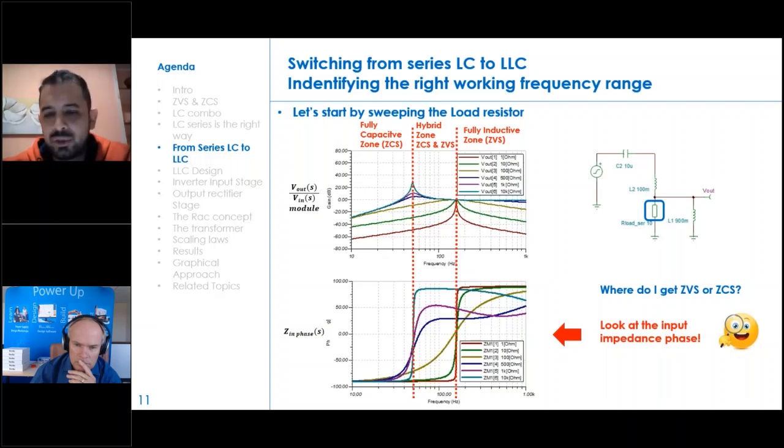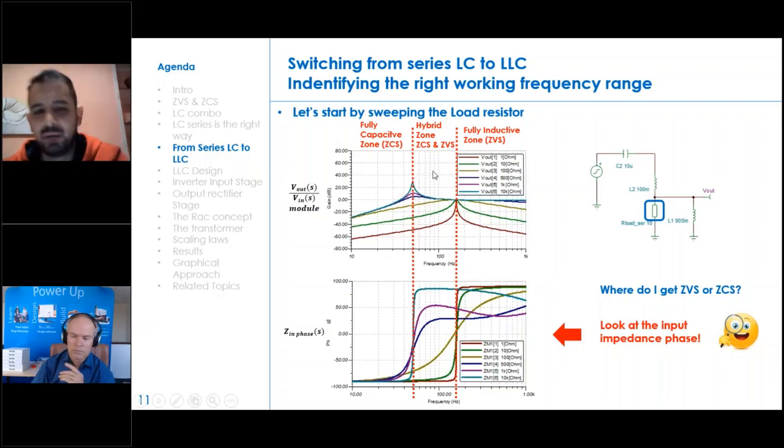There are tons of designs made working beyond the higher resonance instead of working in, let's say, the middle frequency range. No, but you should simply be careful to work beyond the higher resonance because you can lose some advantages that you get by working in the central zone. That is this one. We will discuss later about this point.